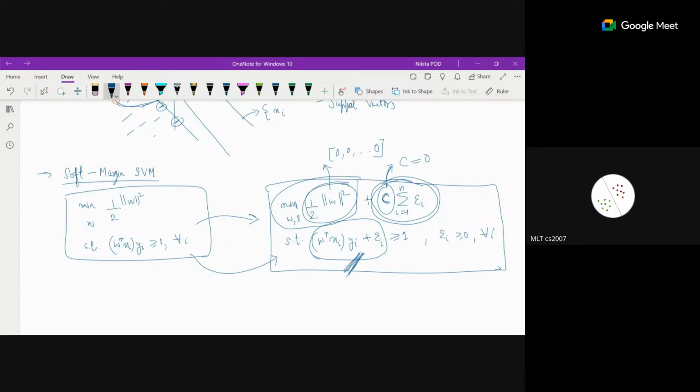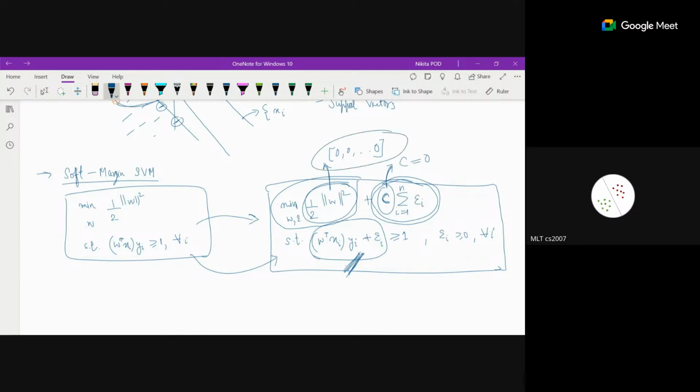Since in a soft margin SVM we are allowing any W, we are not putting any restriction on W. We are not saying we'll take only that W which linearly separates my data set. We are allowing every W. So the W that will give me the minimum value of norm of W square by 2 is always going to be 0.